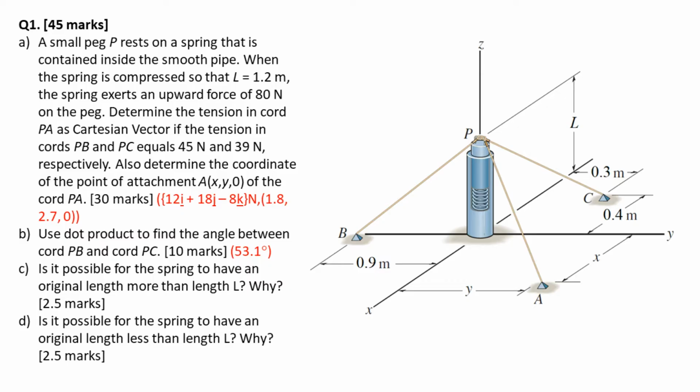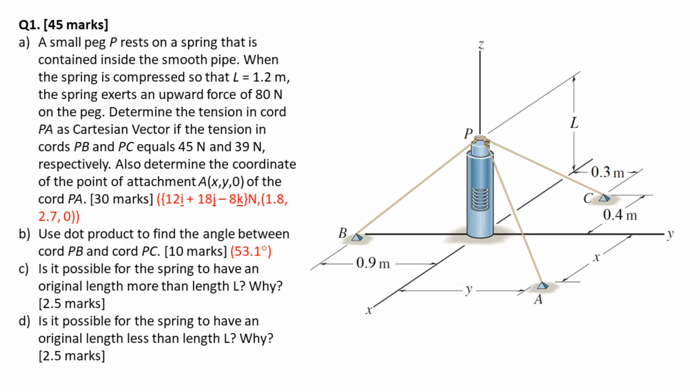The spring exerts an upward force of 80 Newton on the peg. So we know already that the spring pushes up with an upward force of 80 Newton, right? So the peg is being pushed up 80 Newton. Determine the tension in cord PA as a Cartesian vector, if the tension in cords PB and PC equal 45 Newton and 39 Newton respectively.